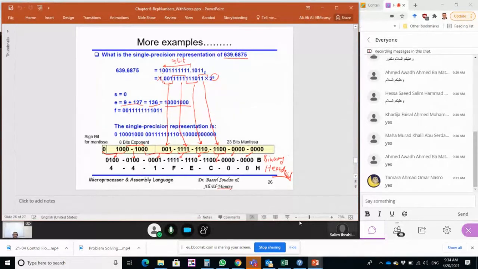In the last set of slides that we covered in the last lecture, we have left the last example. Let's go over that example. We are in slide number 26.